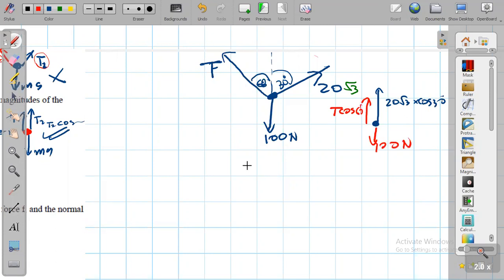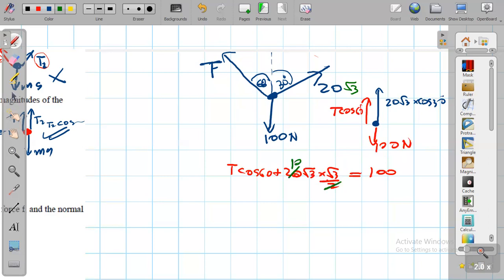Have a good look here. T cos 60 plus 20 root 3 times root 3 over 2 equals 100 Newton.